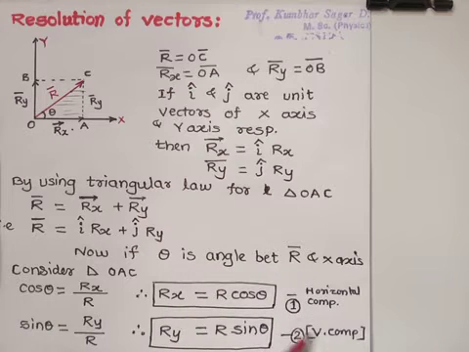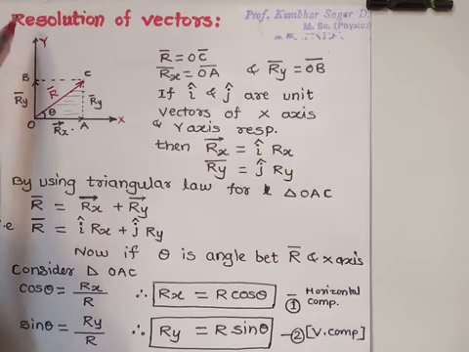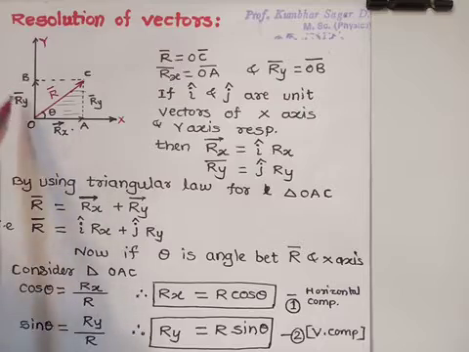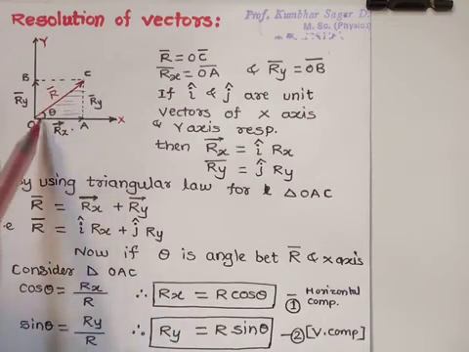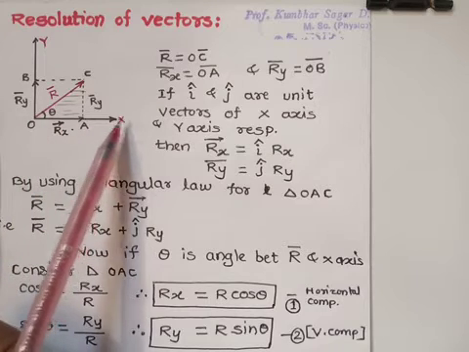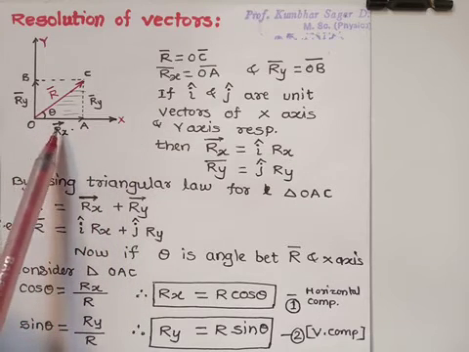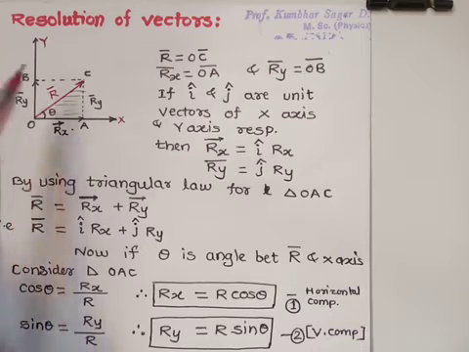This is the vertical component along the y-axis. I repeat again, this R bar is resolved into two components. One is the horizontal component Rx bar, its magnitude is R cos theta, and the vertical component Ry bar, its magnitude is R sin theta.